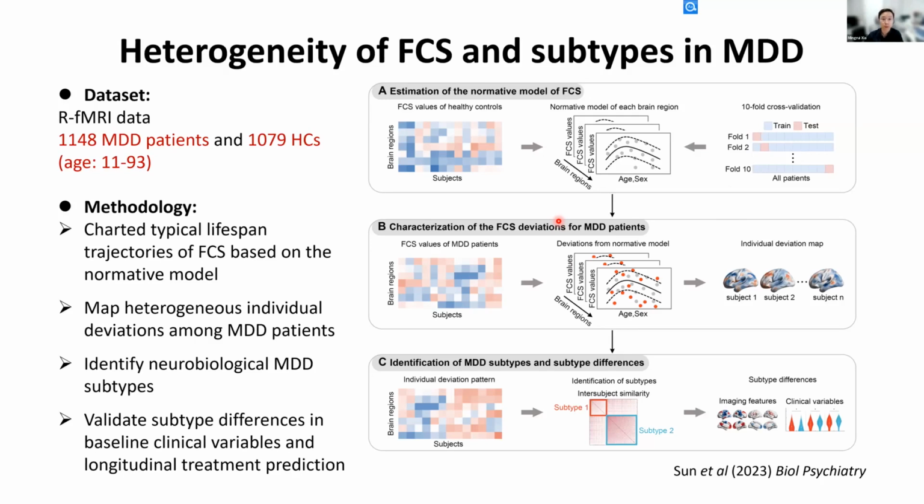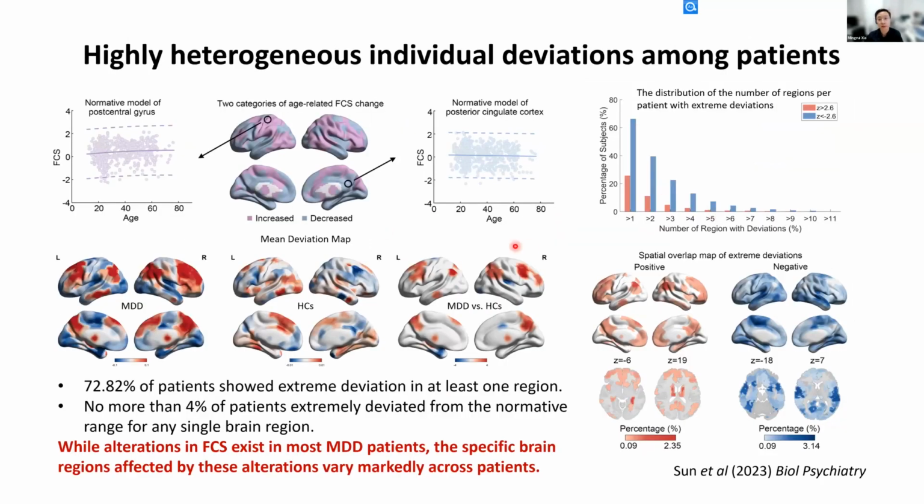So at the population level, we found that patients had an overall greater deviation than the controls, mainly as a result of increased connectivity strength in the default mode region. However, when we analyzed the data at the individual level, we showed that only about 70% of the patients showed an extreme deviation in at least one region.